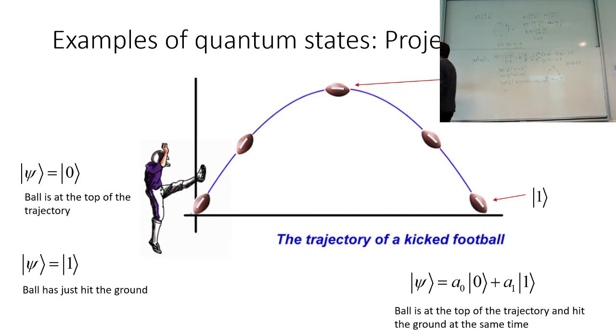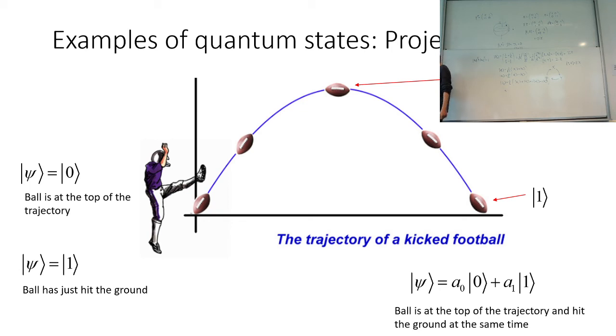When you kick the ball, we could say the ball is at the top of the trajectory, let's call that 0. When it's over here, let's call that 1. Of course, all these other positions are all different states too, but I'll just pick 2. Those are 2 different distinct states. So these also are allowed to be in some kind of superposition.